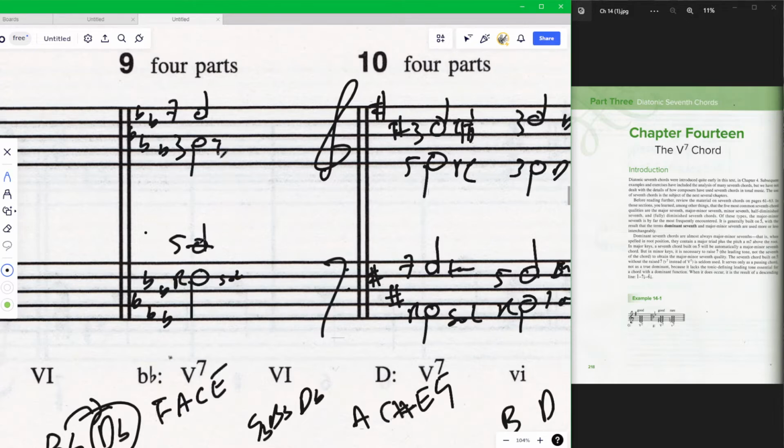Sol, Ti, Re, Fa. First things first, root goes up to La. What do 7ths do? They move down a step, which brings us down to Mi. It's worth noting that whether you go into the 1 chord or the 6th chord, the 7th of the 5 chord is Fa, and it's going to go down to Mi, whether it's Mi in the 1 chord or Mi in the 6th chord.